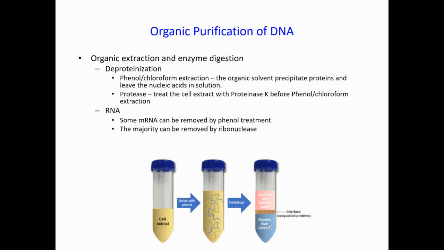The organic layer will be the phenol, and the original cell extract will be the top, aqueous layer. Basically the phenol brings all the protein into the interface, so the role of the phenol during the DNA purification is to remove the protein from your sample.